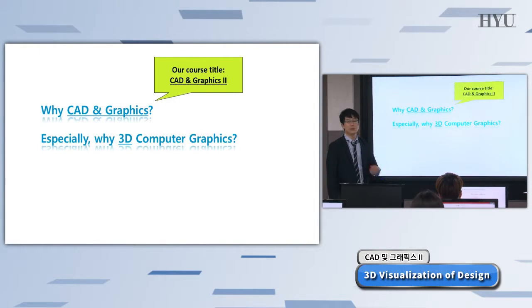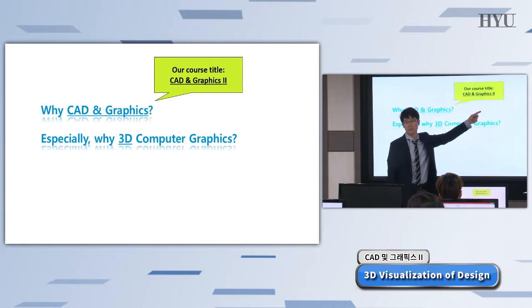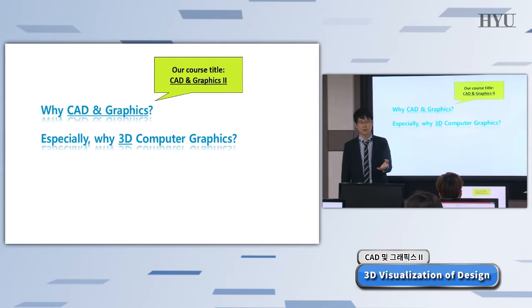But back to reality, back to our class. Why CAD and graphics? Our course title is CAD and Graphics 2. In the CAD and Graphics 1 course, last spring semester, you were taught SketchUp and AutoCAD plan drawings intensively in terms of technical training, okay?